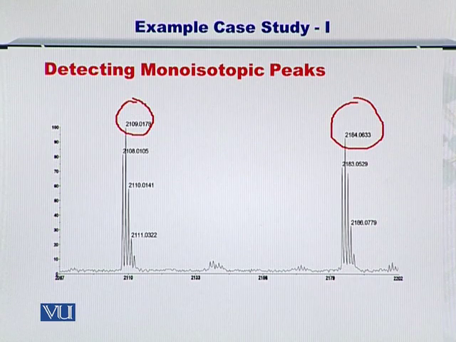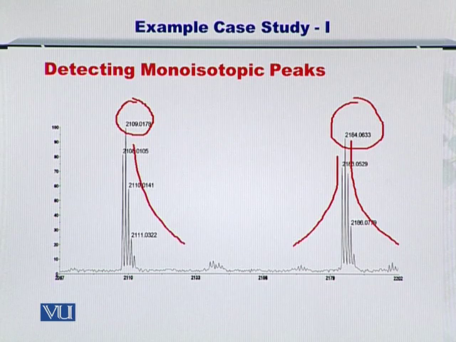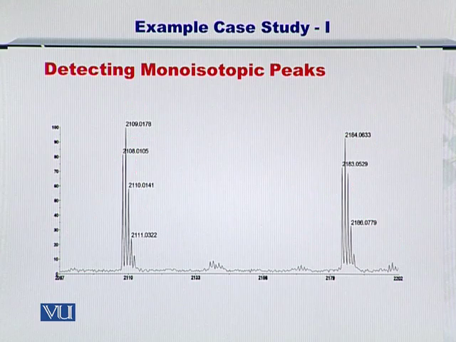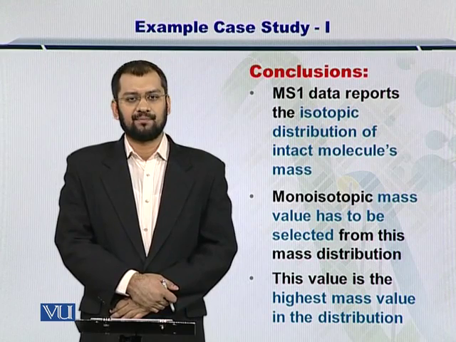And the peaks other than the monoisotopic peaks that are situated on the right and left of the monoisotopic peak can simply be ignored in further analysis. So in this way, you can simplify the problem of processing the monoisotopic peak.